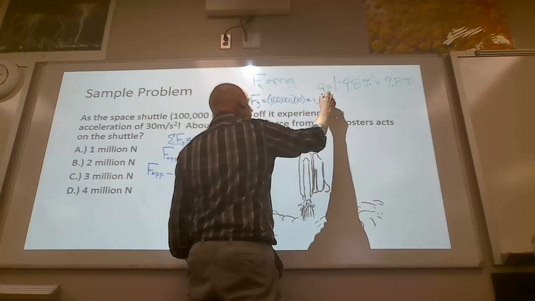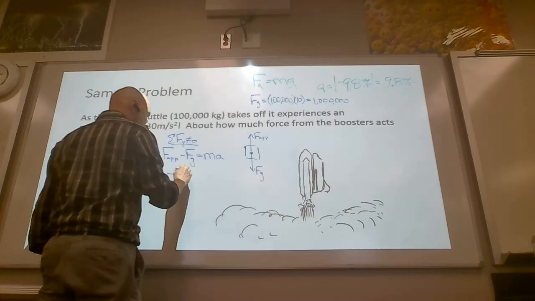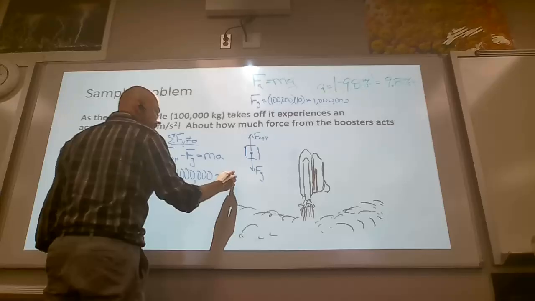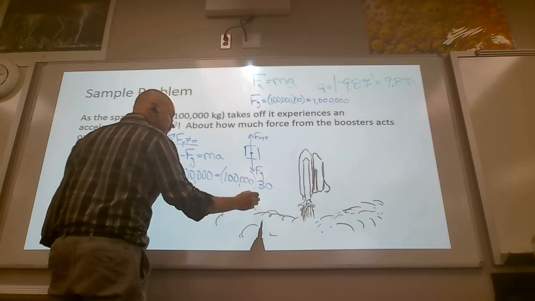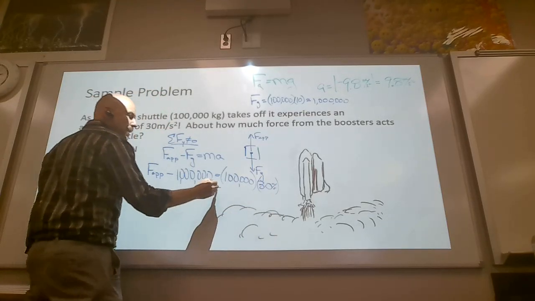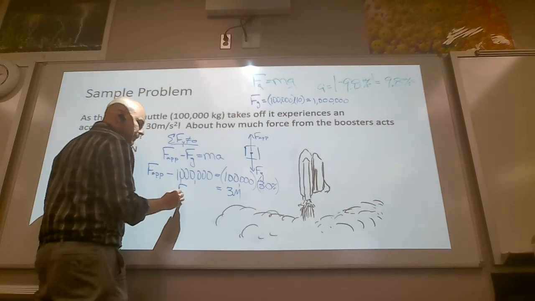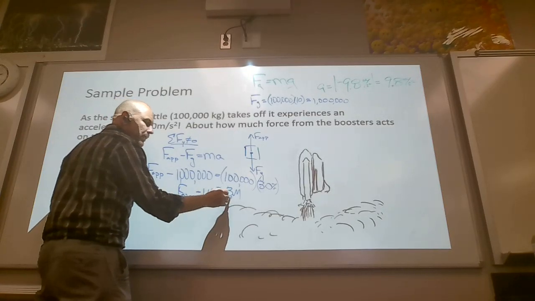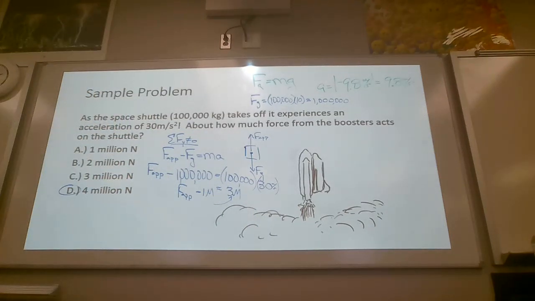So that's going to equal 1 million. Your mass is 100,000 times 30. So that's going to give you 3 million. And you have 1 million on this side. We can bring that over. You have 4 million.